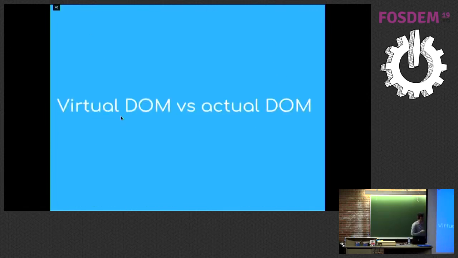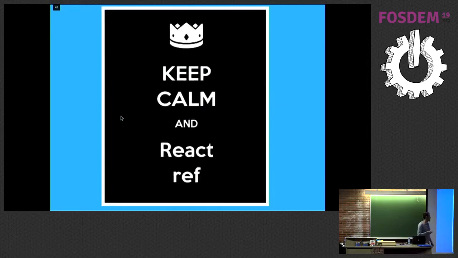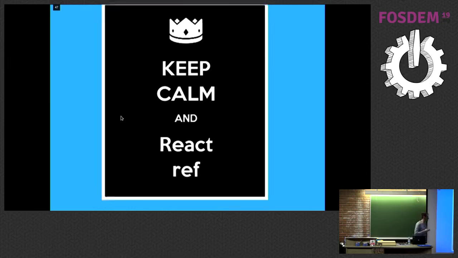So let's see first how it works. As I mentioned before, we have the virtual DOM and we have the actual DOM. React uses the virtual DOM, and we need some reference in order to reference the actual DOM. We need a pointer to point to the actual DOM. Lucky us, we have React Ref. React Ref is a really nice thing that React gives us.